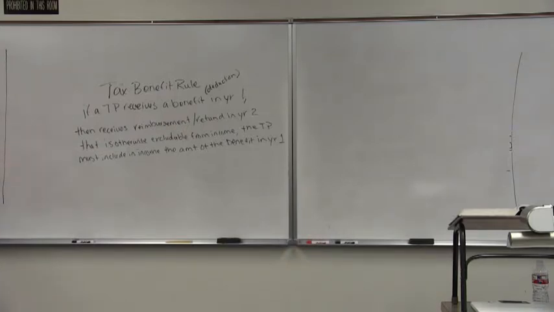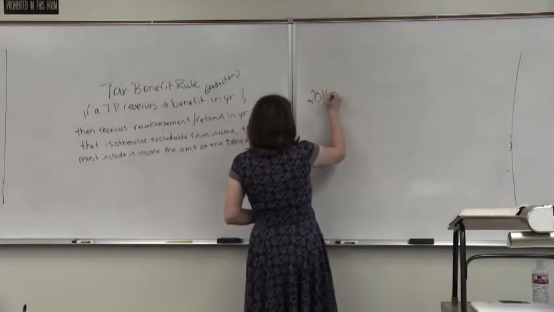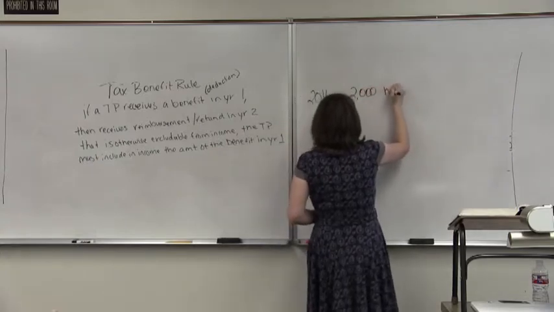So let's say you have a taxpayer, and in 2016, they pay out of pocket $2,000 for health expenses.